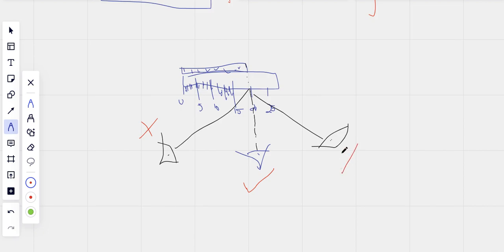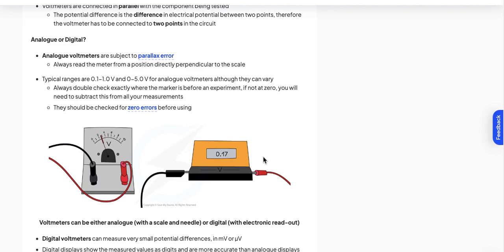And here is also considered to be wrong, because the error here is called the parallax error. So in most of the alternative to practical paper 6, they always ask you about the parallax error. You should always state that most of the mistakes are coming from error due to parallax.